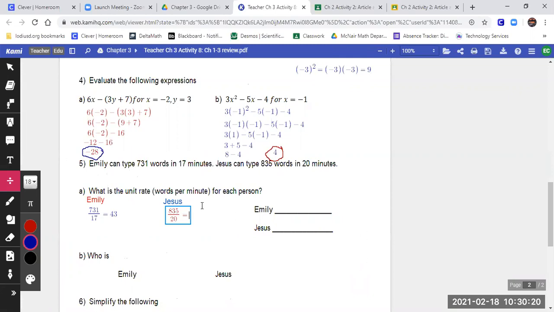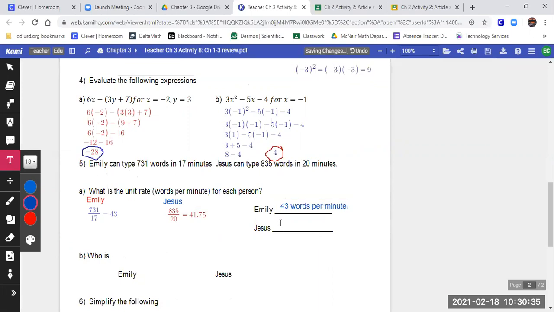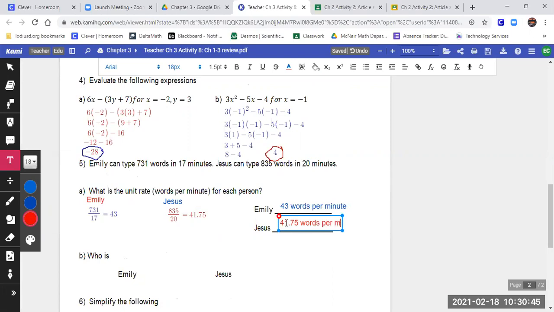Okay, 41.75. So then we would go over here. Emily does 43 words per minute. And Jesus is doing 41.75 words per minute.